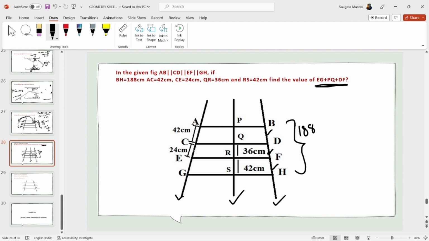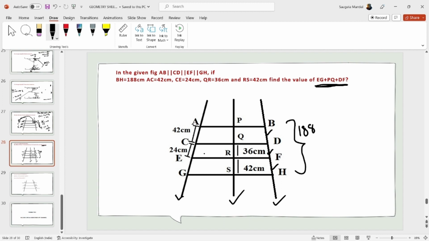In the figure, you see that the value of CE is 24 and the value of QR is 36. Here, you know that the ratio of CE is equal to the ratio of QR. So you can equate 24 to 36.